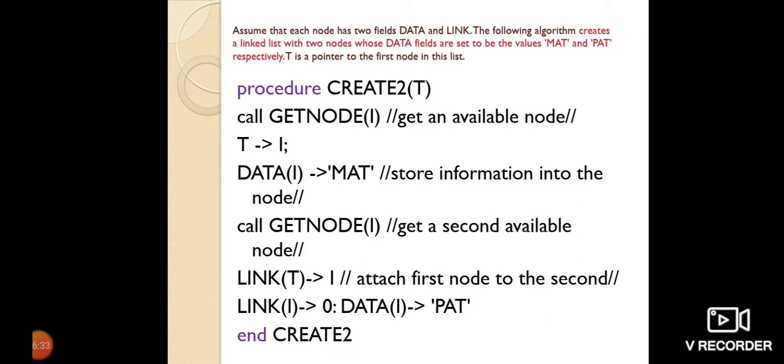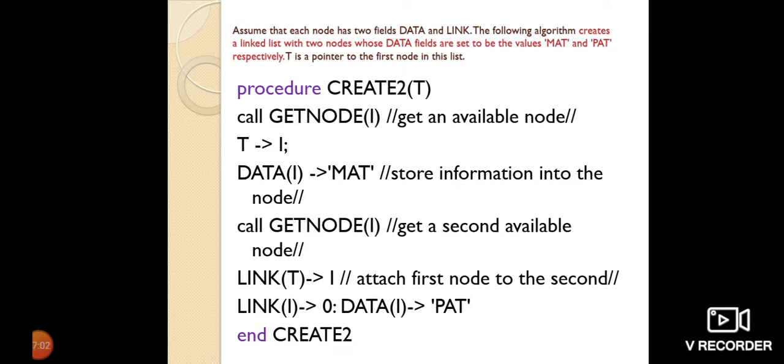And then what you're doing here is you're going to point I to T. You're going to make a pointer so that it points to T. And then next, the data part of I, you're going to store as mat.